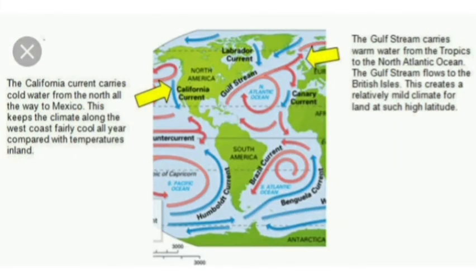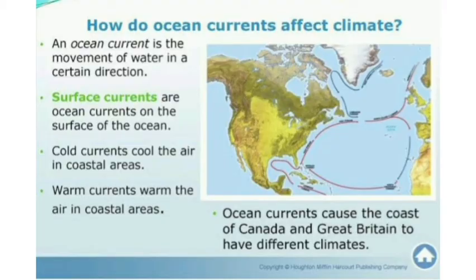Let's see how ocean currents influence the distribution of temperature. Ocean currents increase or decrease the temperature of Earth's surface. Currents influence the temperature of the coastal regions along which they flow. With the help of a few examples, we can understand this.